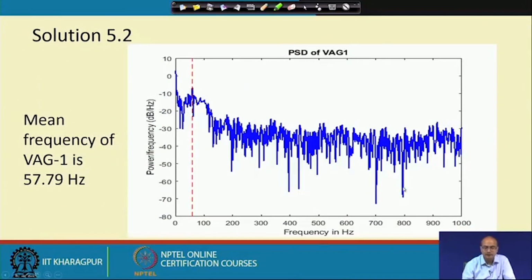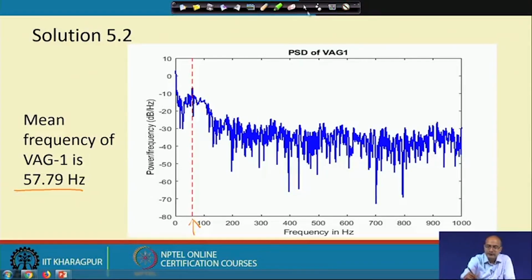So, here we show how it looks like. For the VAG1 the mean frequency is coming here, 57.79 Hertz. Okay.